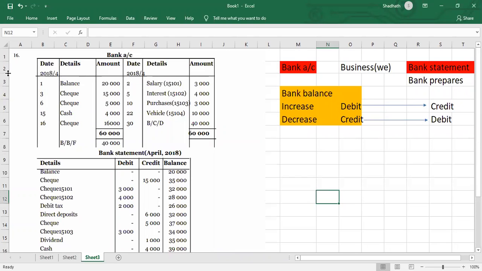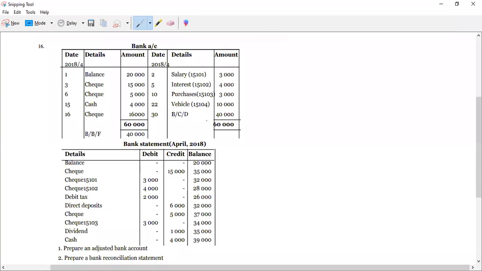But at the beginning of the month, the bank account balance is 20,000.